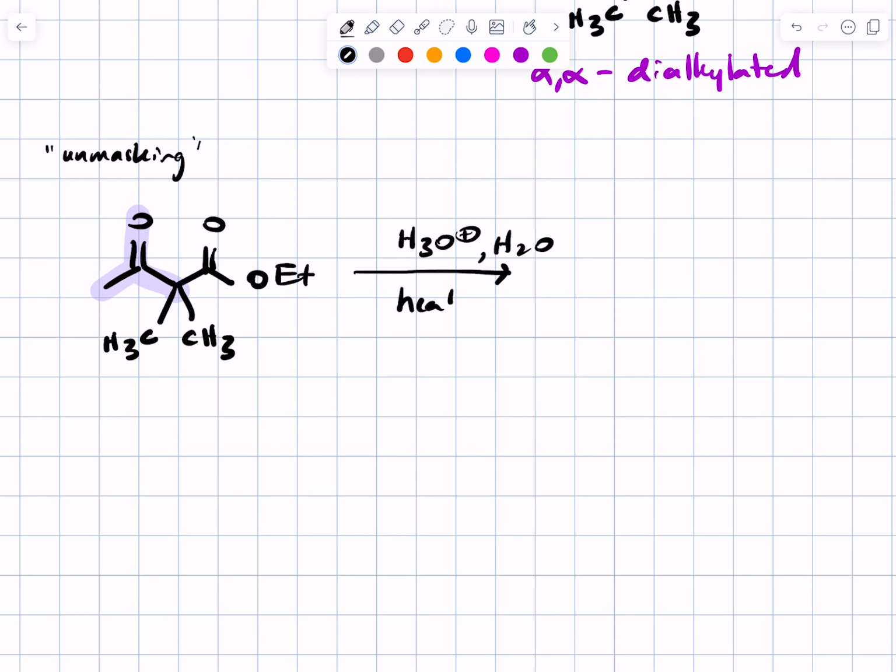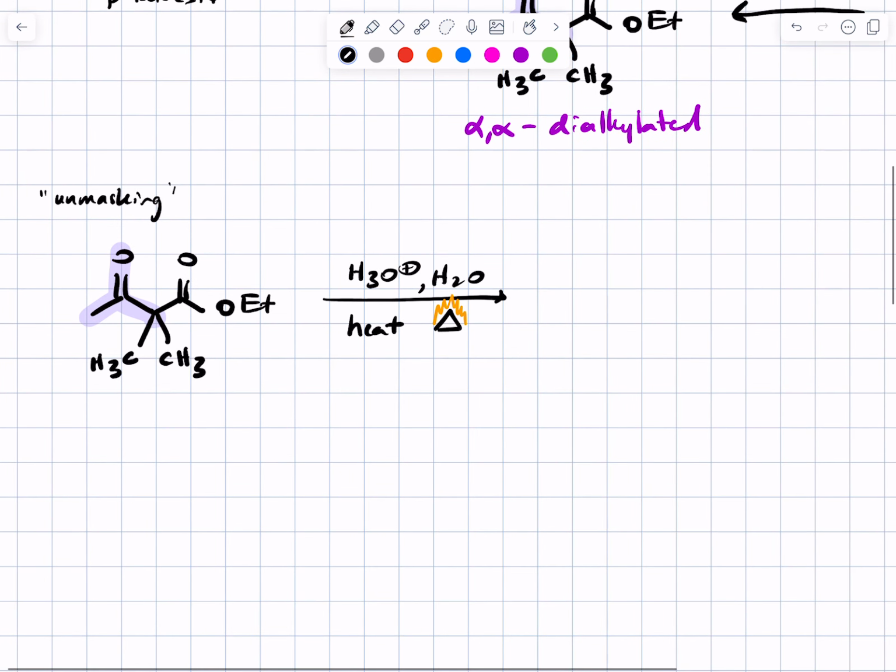And you need heat, which, as you've learned in OChem, we show with a triangle because it looks like a fire. And what this does ultimately is it gets rid of the ester and gets you that desired product.